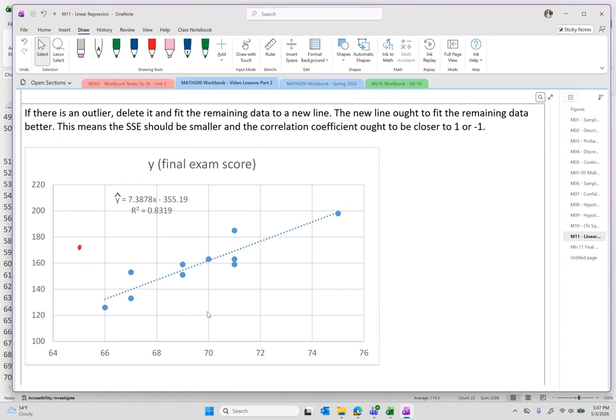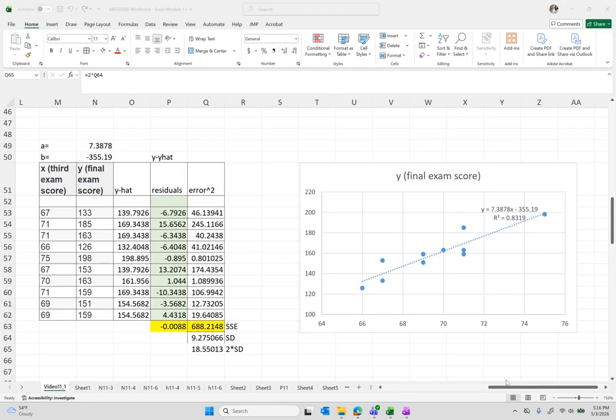And the R squared happens to be 0.8319. Now, again, we would like to find the residuals, so find errors. The errors are of the form y minus y hat. So follow the same process that you did earlier. I went back in Excel and I calculated y hat with the new slope and y-intercept.